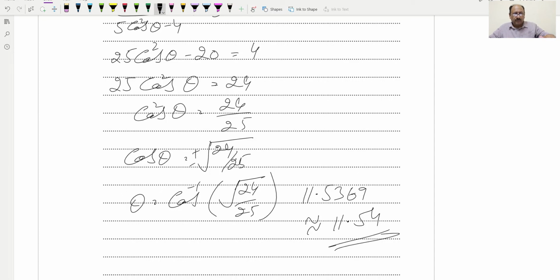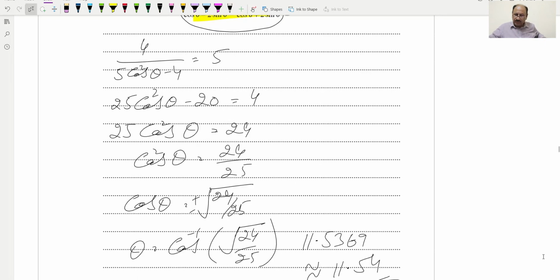11.54, this is from 0 to 180, so we can check. And the other angle will be what?